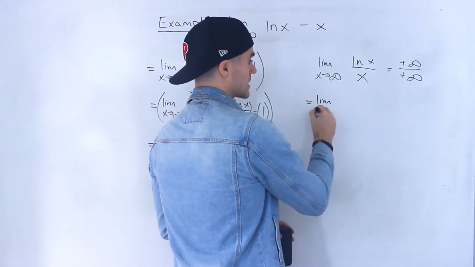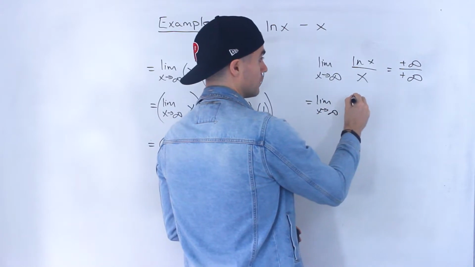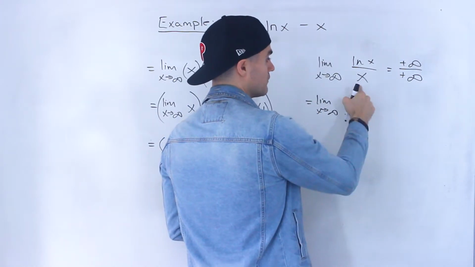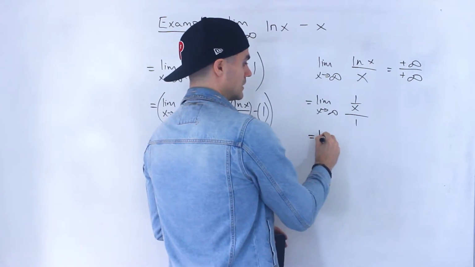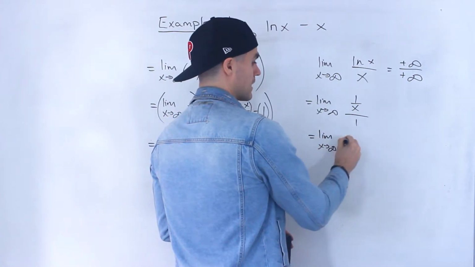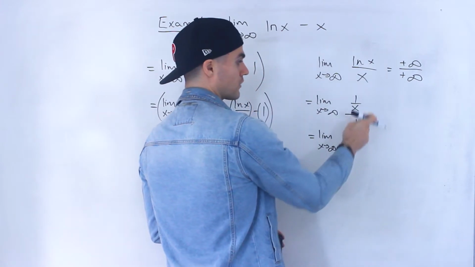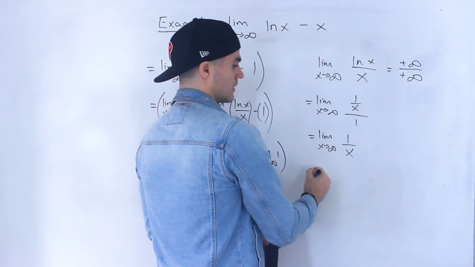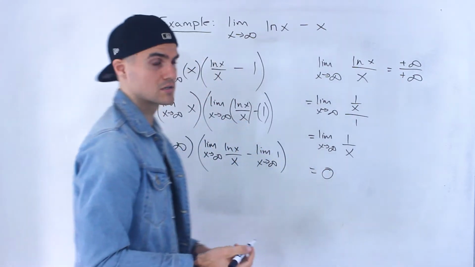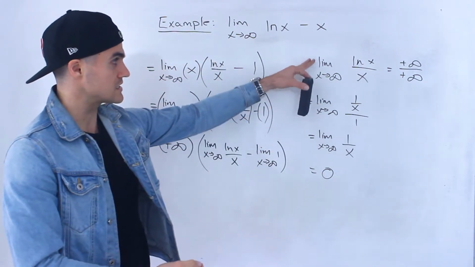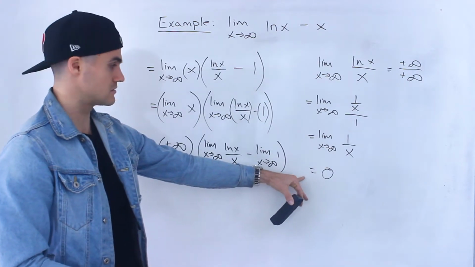So we'd have the limit as x approaches infinity of ln x would be 1 over x. The derivative of x is just 1. And so we would end up with the limit as x approaches infinity of 1 over x, right? 1 over x divided by 1 is just 1 over x. And then 1 over infinity, we know that that's going to go towards 0.